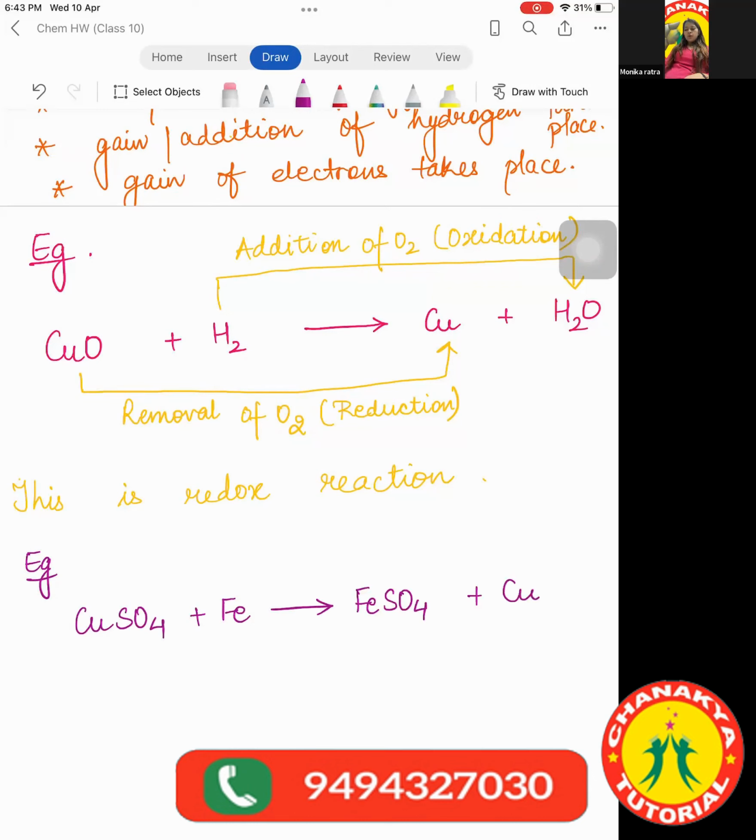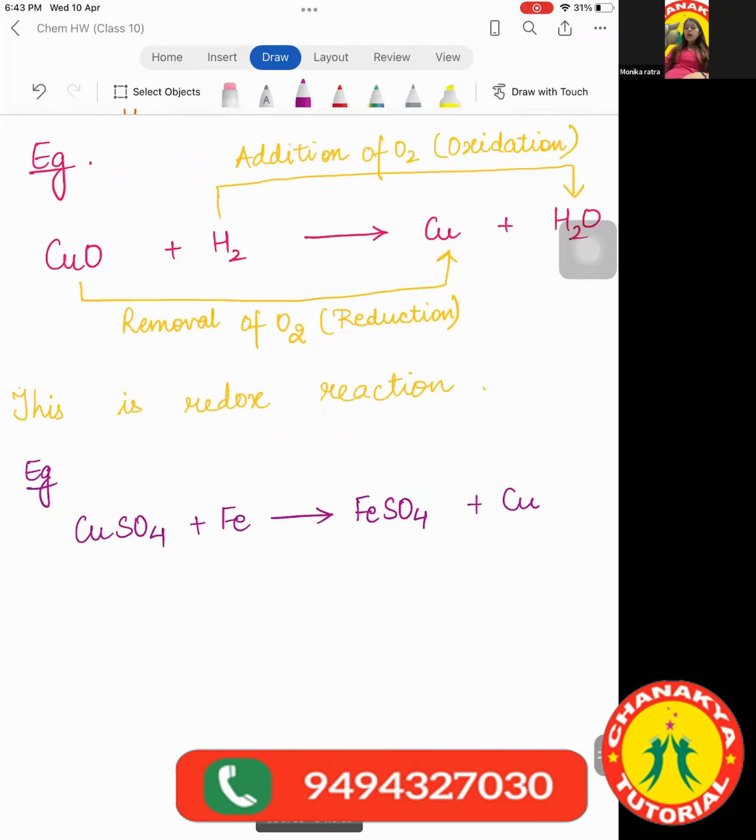If you're able to understand this particular type of redox, then fine. Otherwise, this is the type of redox which is going to come in class 11. But since Abhinav had mentioned the electrons, I'm explaining this example also. Even if you do not consider this example, it's not at all a harm. Fine, children? Now let us understand.